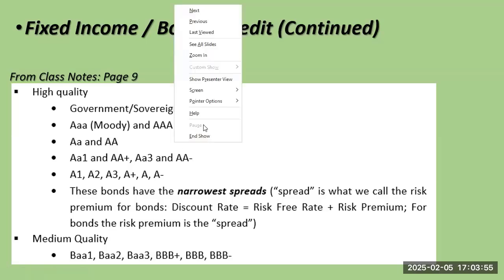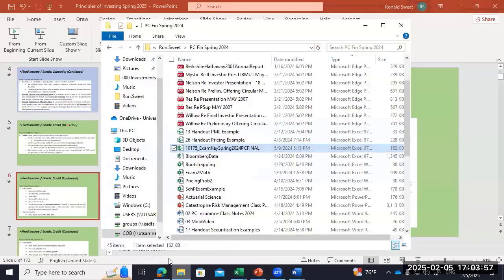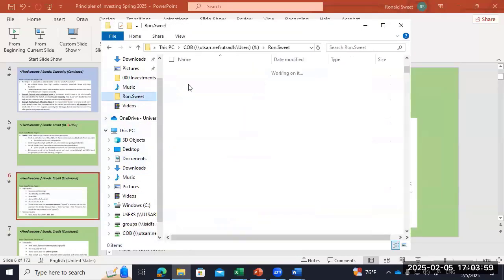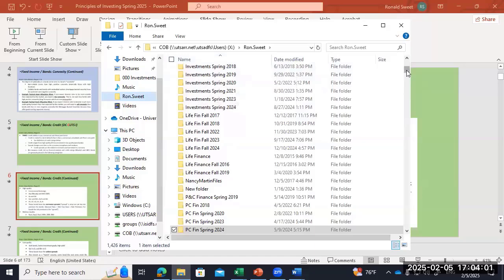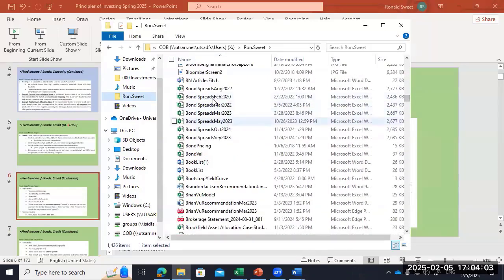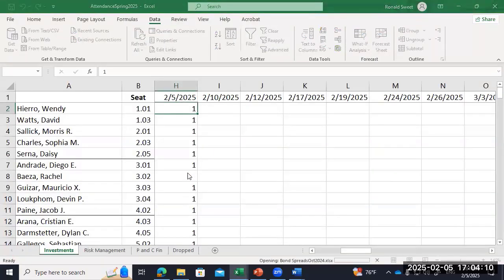So the government is the risk-free, and the spread is how much you're making over that government rate. All right, we can look at some numbers here. We did this October last year, so it's a little old, but it's good.